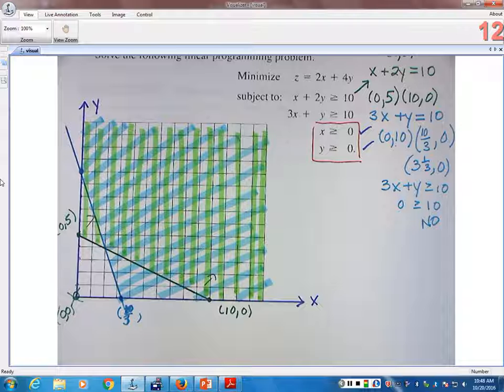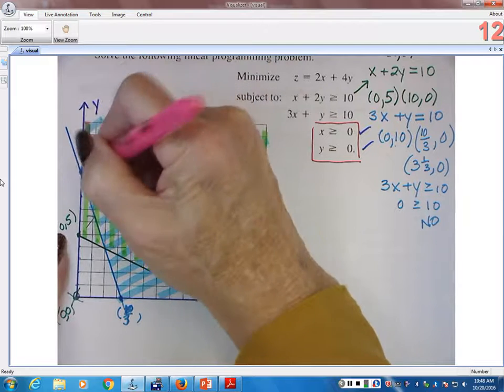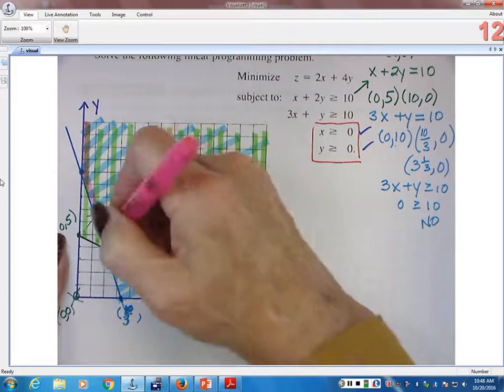So we see that we've got the feasible region is this area here. It's where everything is double shaded.